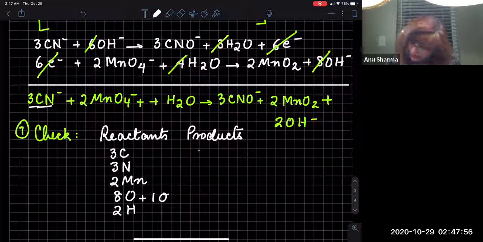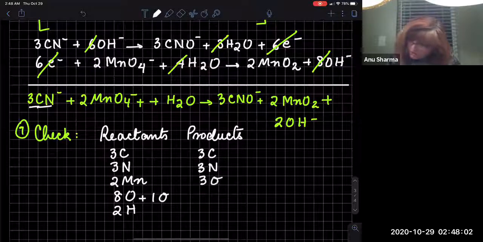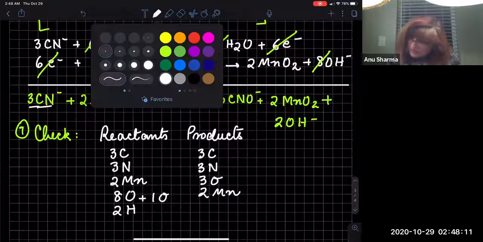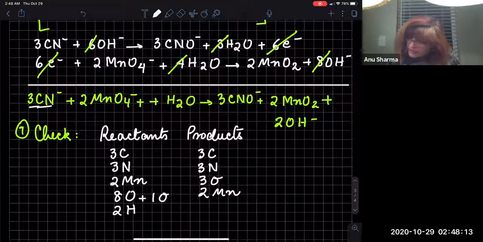Let's look at the products: 3 carbons, 3 nitrogens, 3 oxygens, and 2 manganese. And then a total of 4 oxygens here, and 3 oxygens, so we have 9 oxygens on this side.